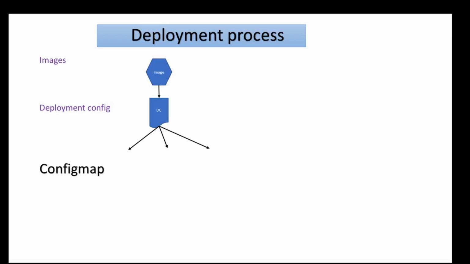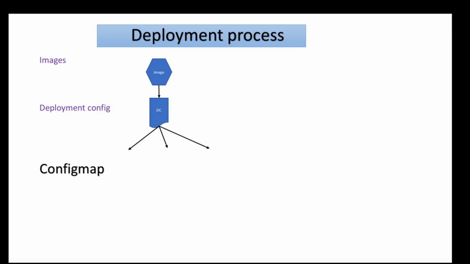For example, your database name would be different for the development environment, and the value would be different for UAT and prod. Also, sometimes you will be sending data to an external URL or Splunk or Kibana kind of thing, right? Those URLs you can configure in the config map.